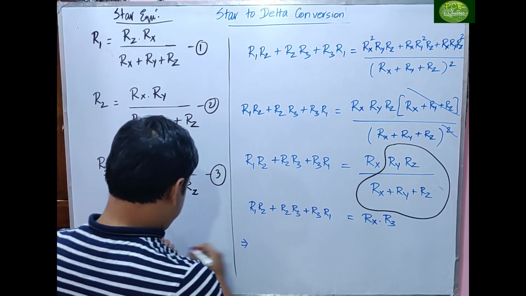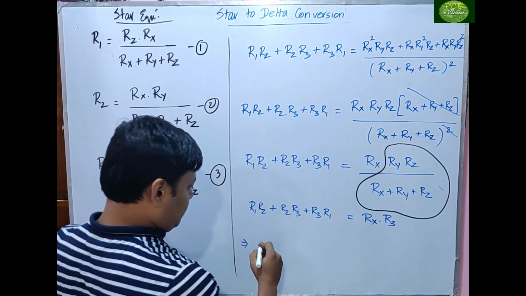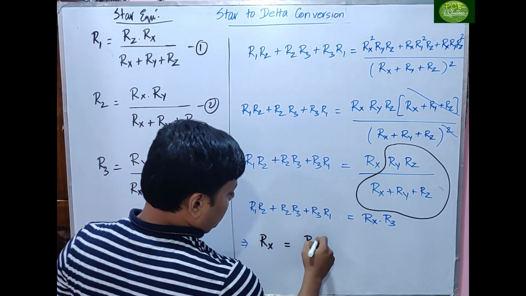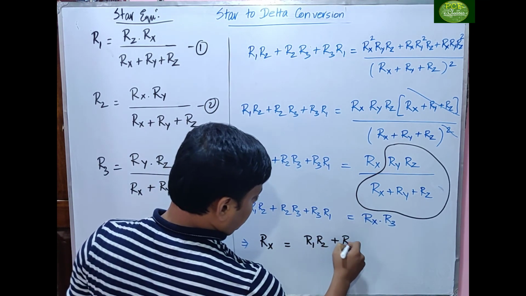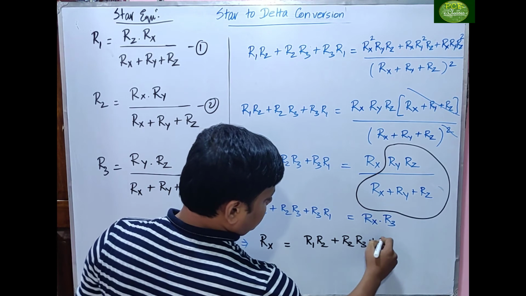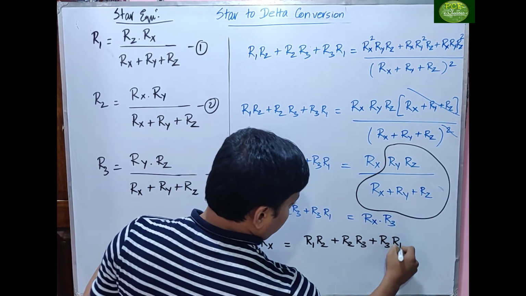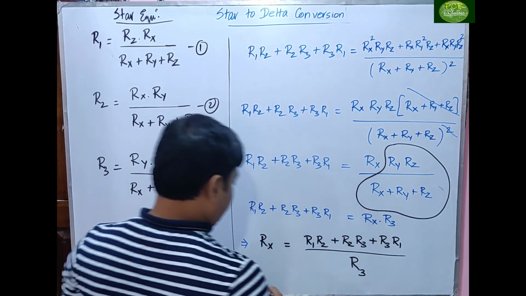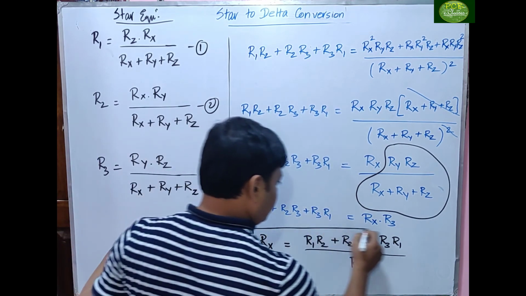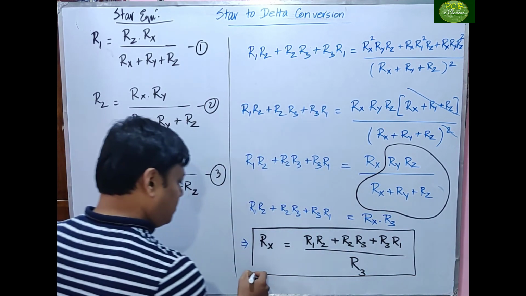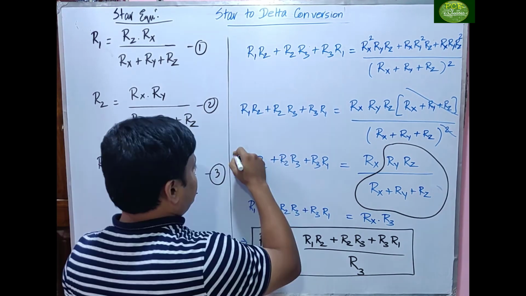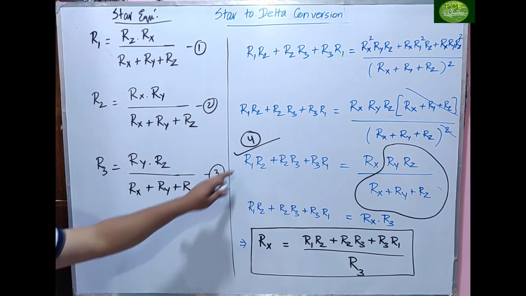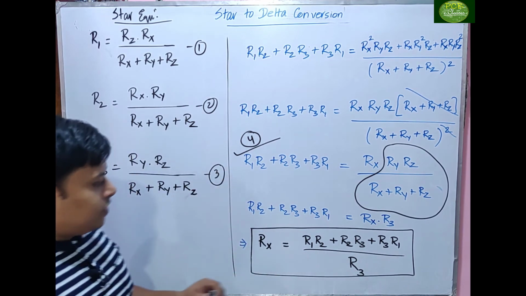This implies Rx is equals to R1 R2 plus R2 R3 plus R3 R1 divided by R3. This one you can take as equation number 4. Clear?